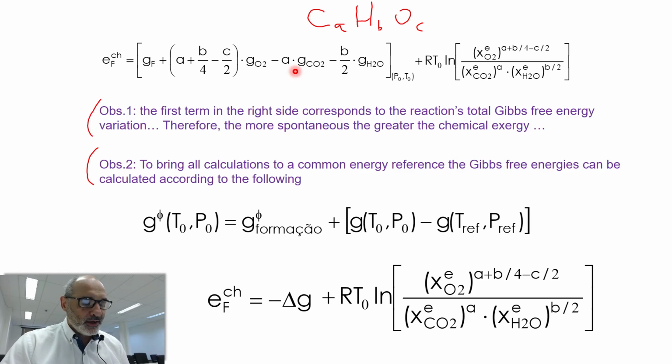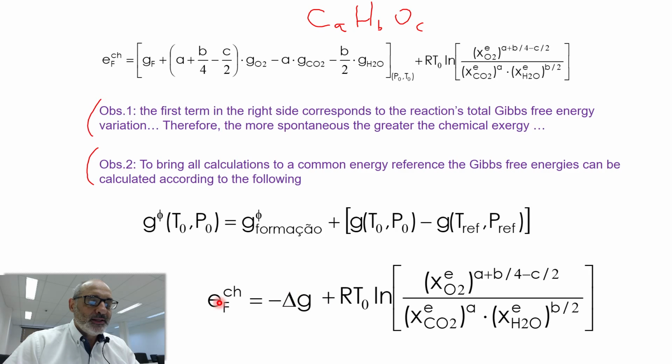So it's a practical advice, actually, that to bring all calculations to a common energy reference, the Gibbs free energy and also enthalpies and entropies can be calculated according to the following formula. And when we consider all this, we have this final formula for Gibbs free energy.